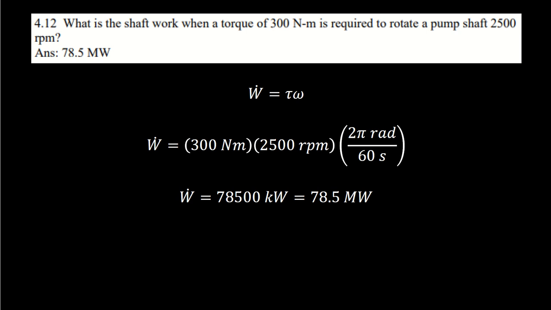And just to clean up our conversion factor, let's just take 300 newton meters by 2,500 RPM by 2 pi radians over 60 seconds. Or you could do a pi rad over 30 seconds. That causes the work rate to equal 78,500 kilowatts of power or 78.5 megawatts of power.